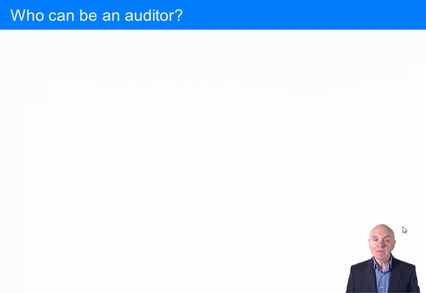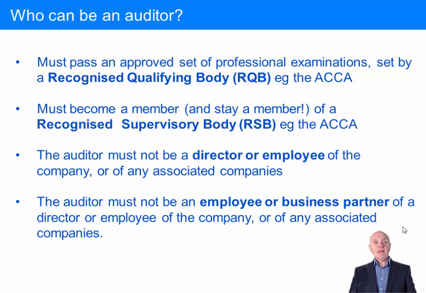Who can be an auditor? Well, you have to be, in the UK, a member of a recognised qualifying body. That's the ACCA. The recognised qualifying body looks after your qualifications. And then to make sure you stay righteous, you have to be a member of a recognised supervisory body, which the ACCA is also.